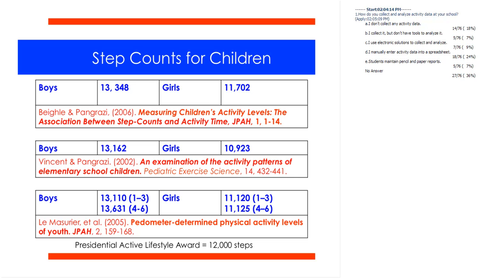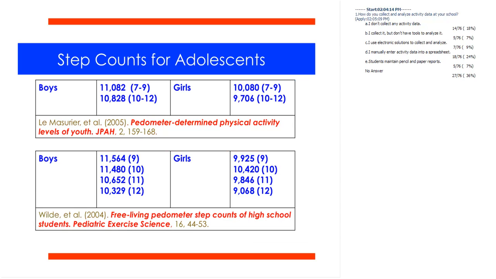Now, these are pre-adolescents, elementary school children. When you look at adolescents, you'll see that the activity level goes down a little bit, to around 11,000 and 10,000. It's not surprising that it goes down. Number one, they're taking longer stride lengths, so they accumulate fewer steps to cover the same distance.